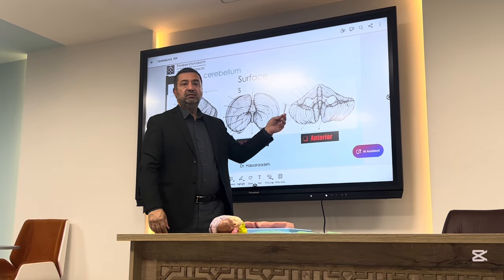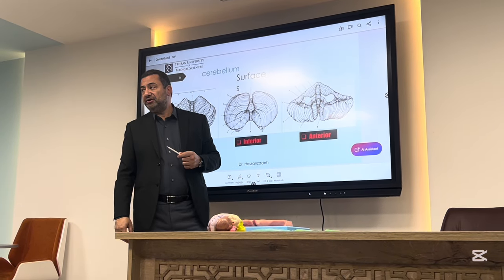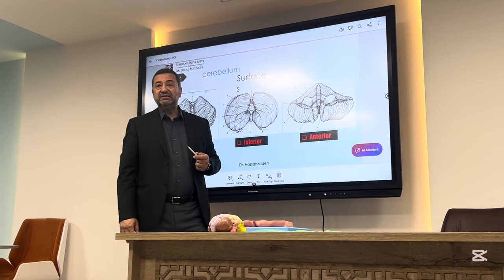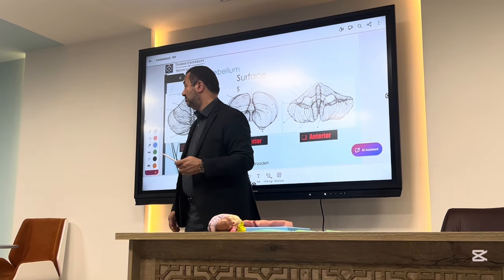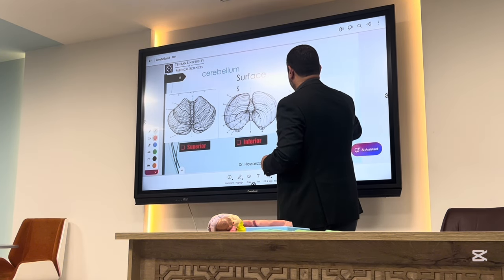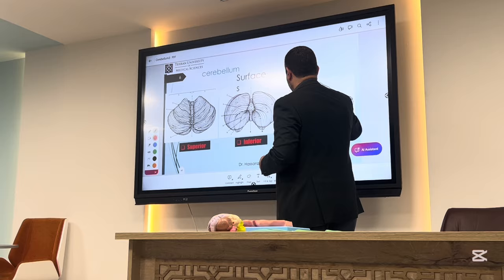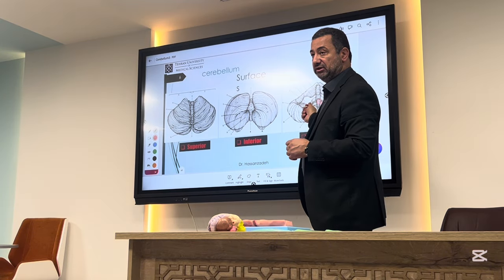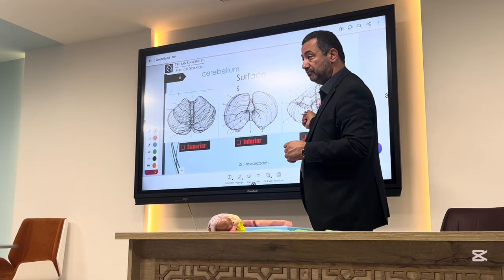Inferior to the cerebellar peduncles on the anterior surface of the cerebellum, there is a part of the inferior vermis here that is called nodule, number 19, nodule.